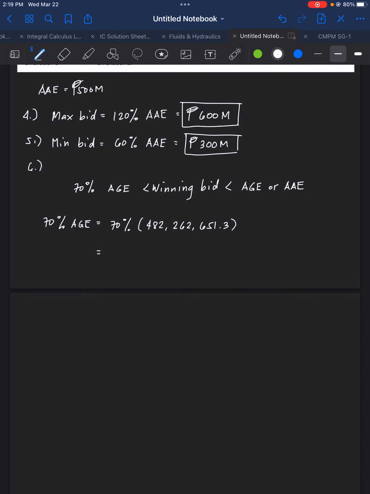So 70% of AGE is equal to 337,583,855.9.